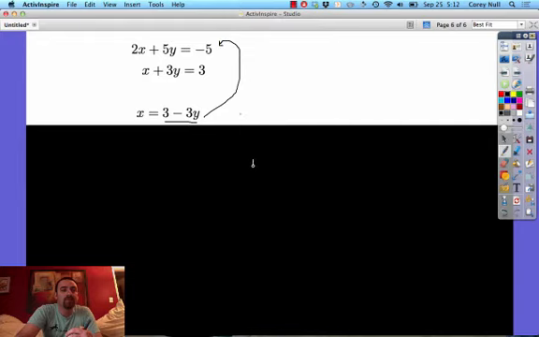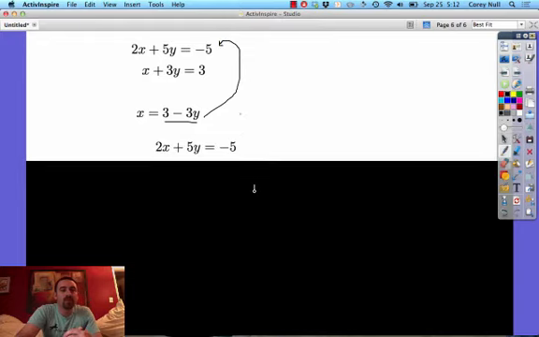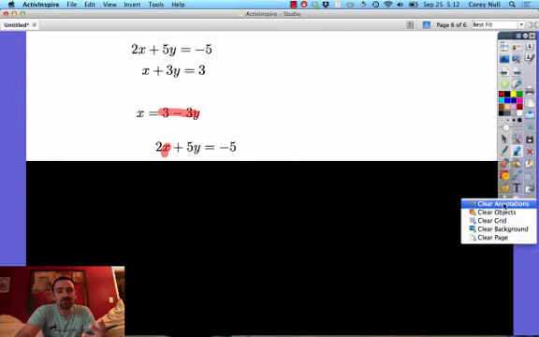Here's my first equation. I should be able to plug this in for x because this is x. That's what equality means. They are identical objects.